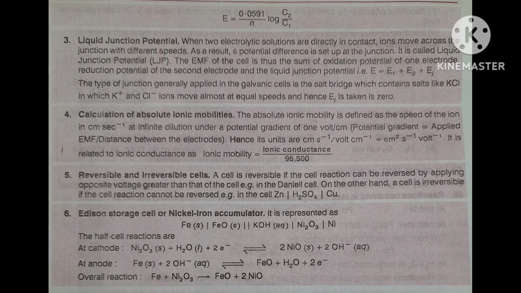This you remember. A cell is reversible if the cell reaction can be reversed by applying an opposite voltage greater than that of the cell. An example of a reversible cell is the Daniell cell.